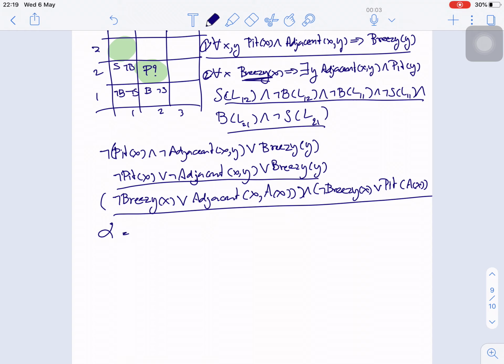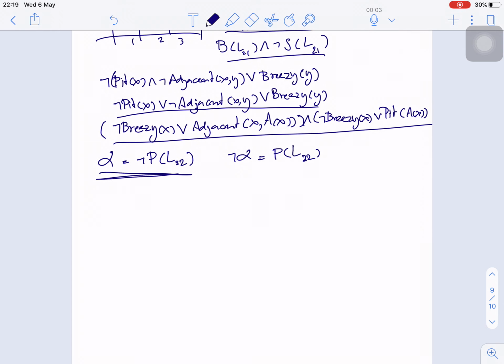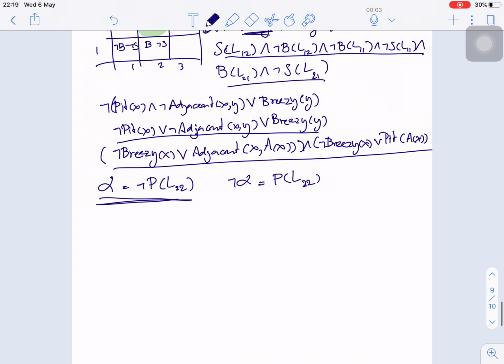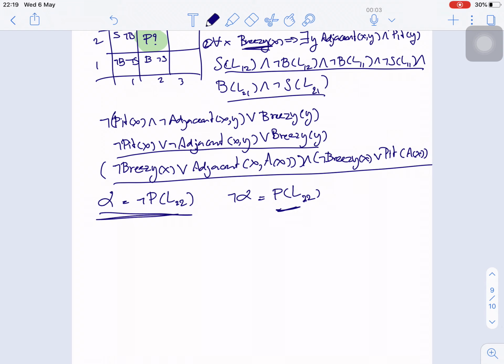Alpha is not pit at location 2 2. For example, if you want to try to find this, you have to negate it. Not alpha is pit at location 2 2.